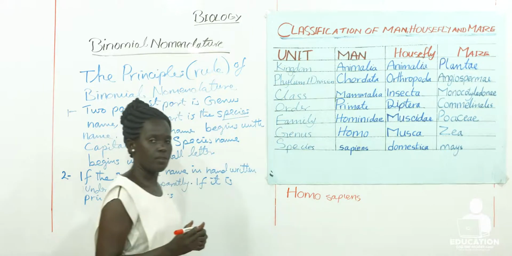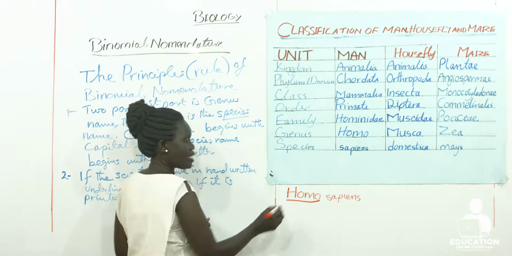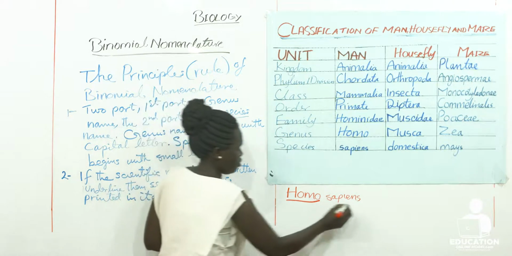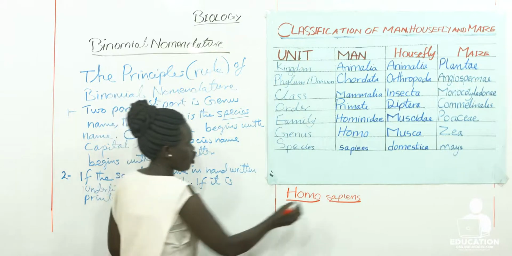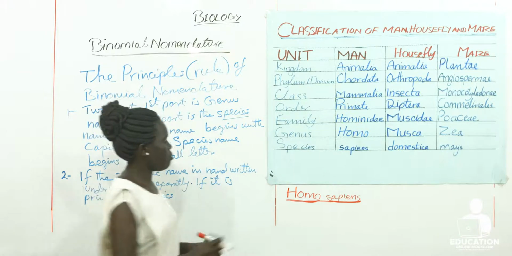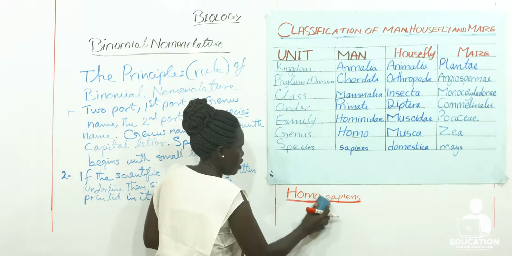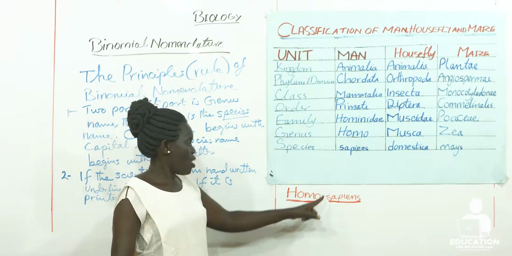This in handwriting, you underline them as separate words. Like that. Don't join the line like this, like one word. No. You leave them as separate words.